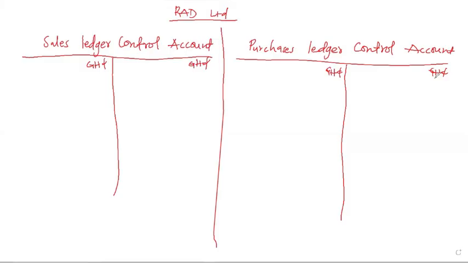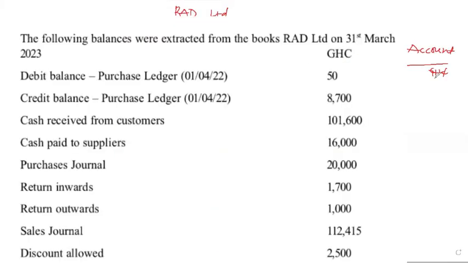In case the question is silent on the balance and just gives you an opening balance, the purchases ledger control account is a creditor's account, and all creditors' accounts have a credit balance. So if the question is silent on where to place it, you use the account to determine where you place it.